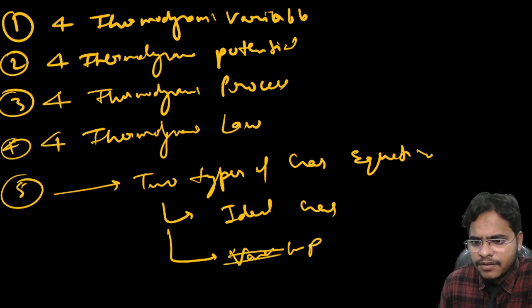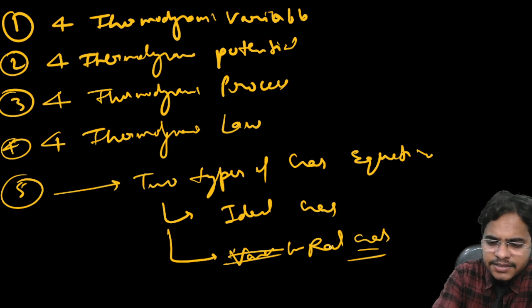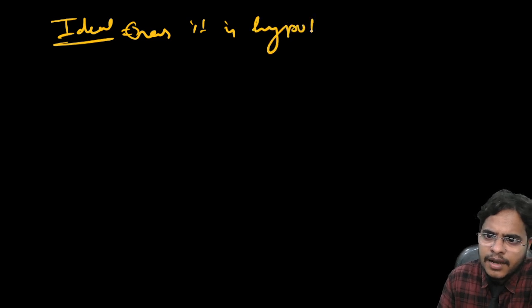Okay, real gas. So if we say ideal gas, in science, if we say ideal, it means it is hypothetical. Ideal gas means it is hypothetical. So the gas is real.